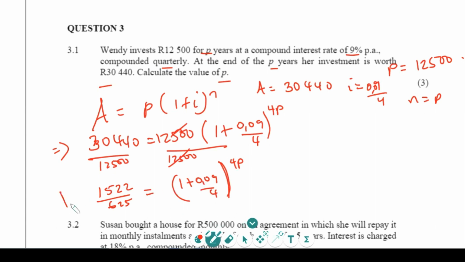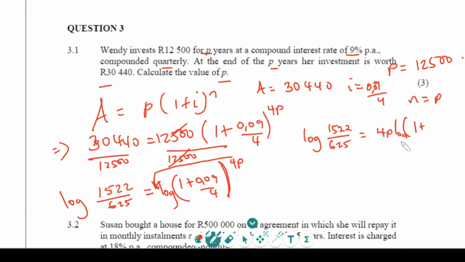So that will be log and then log. From the second law of logarithms, I know that this 4P must become a coefficient. So it's going to be log of 1522 over 625 is equal to 4P into log of 1 plus 0.09 over 4. Then I divide both sides by the log of 1 plus 0.09 over 4.